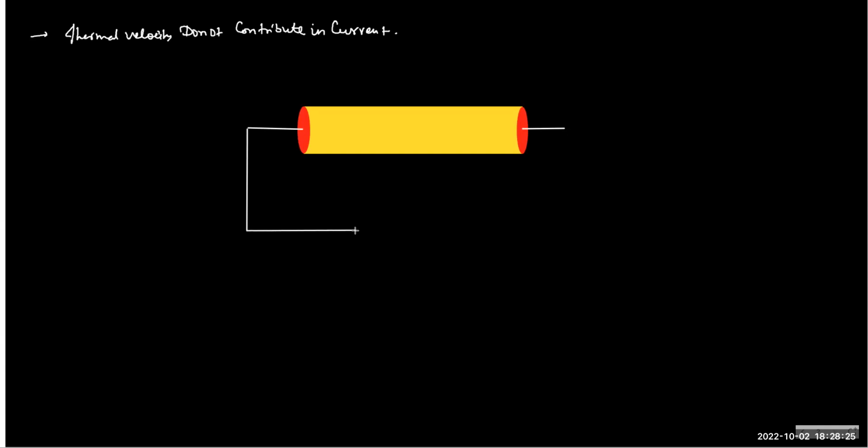The moment you bias means you apply a potential difference. You apply a potential difference means you create an electric field. So a battery is symbolic of the idea of biasness. So now we'll talk about the biased conductor.